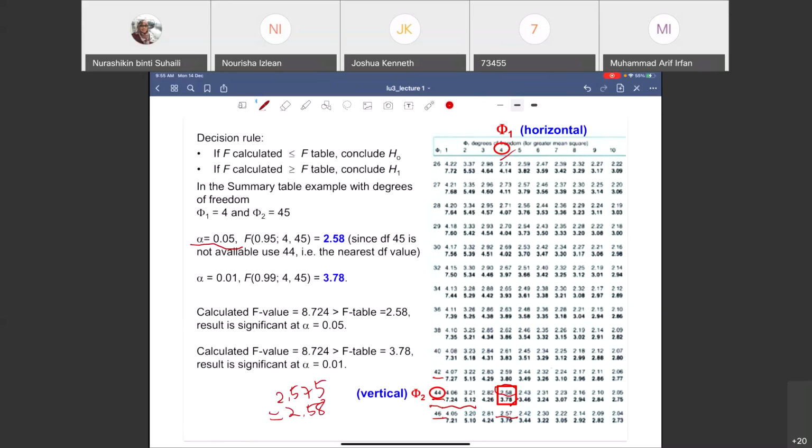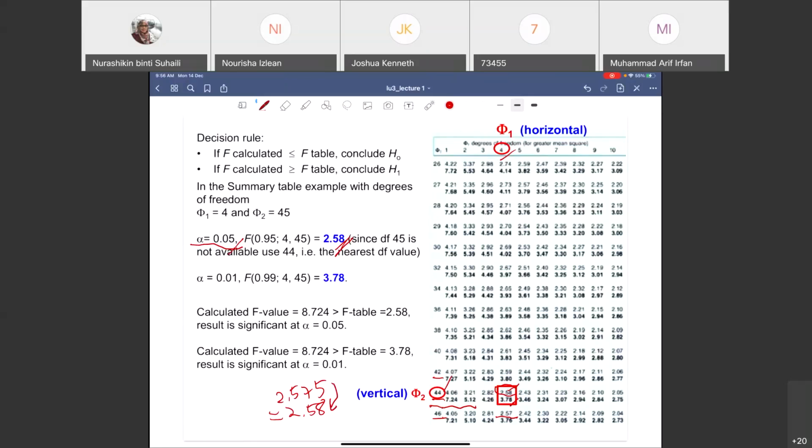So you can just take the value of 44 here. It depends, round up to the nearest point. That's why I don't take 2.57, because it's supposed to be 2.575, which can be rounded up to 2.58. That is for when alpha is equal to 0.05.